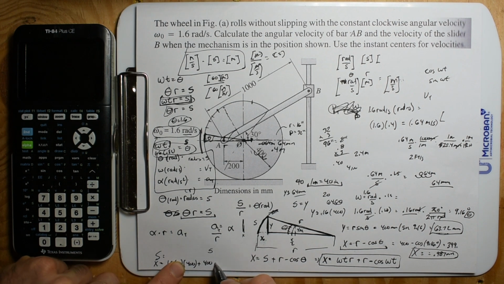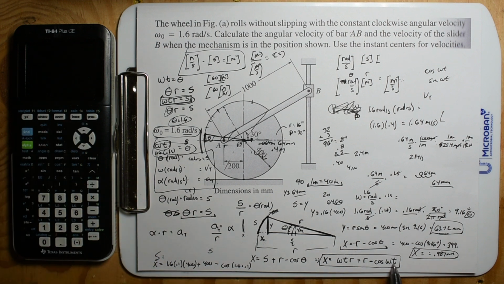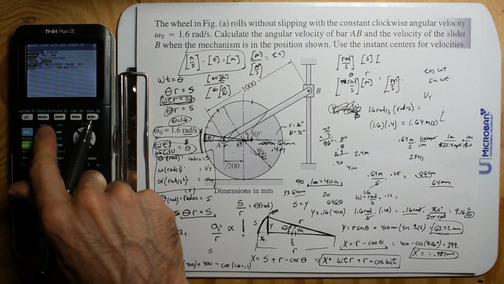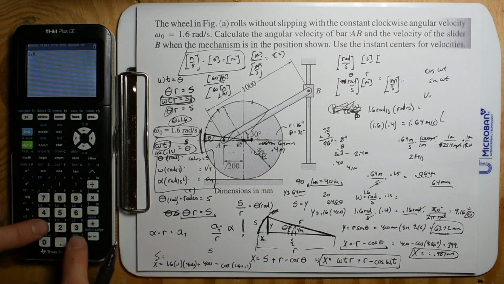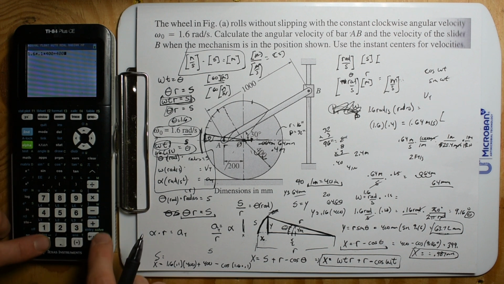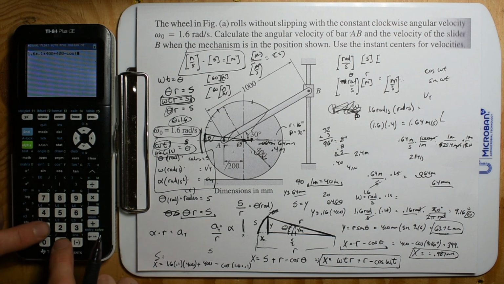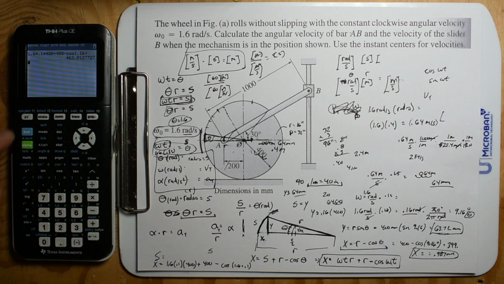But anyway, minus cosine of 1.6 times 0.1. Cool. And we've got to be in radians. That's the only thing, because this is in radians. So we need to change our calculator to radians. And we got 1.6 times 0.1 times 400 plus 400 minus cosine. I'm just going to do this one, it's 0.16. There we go.